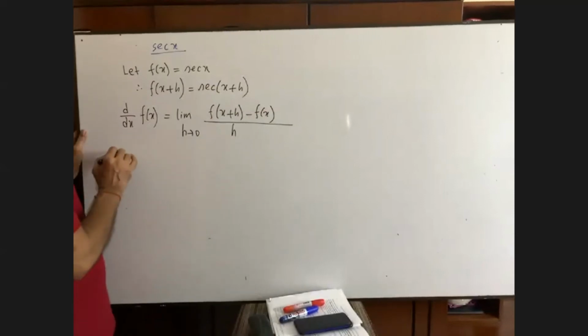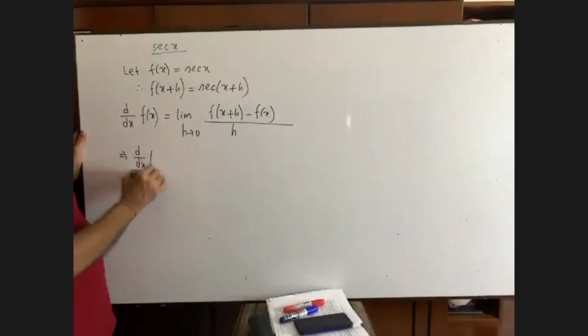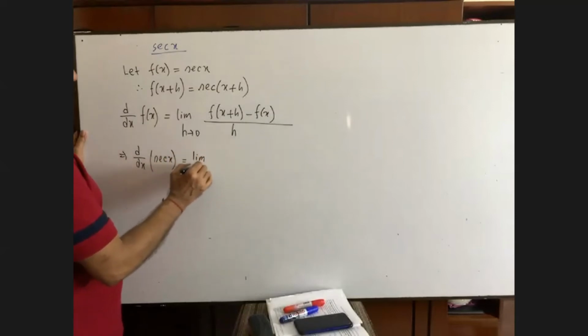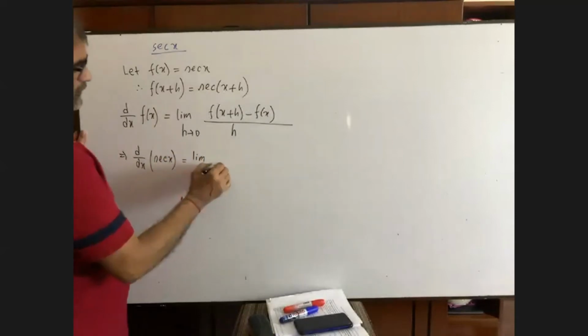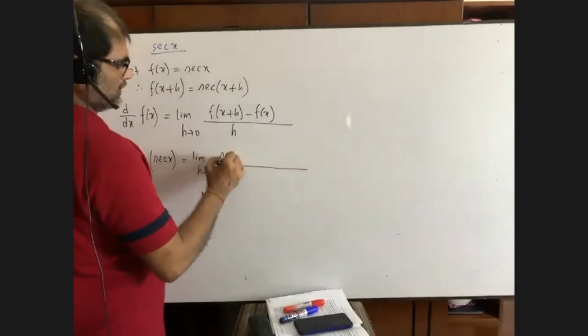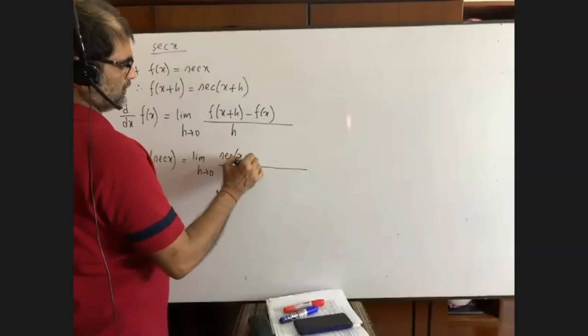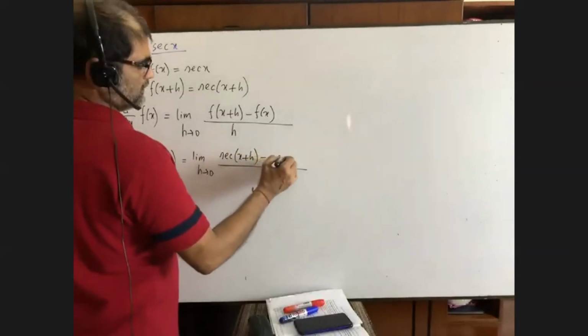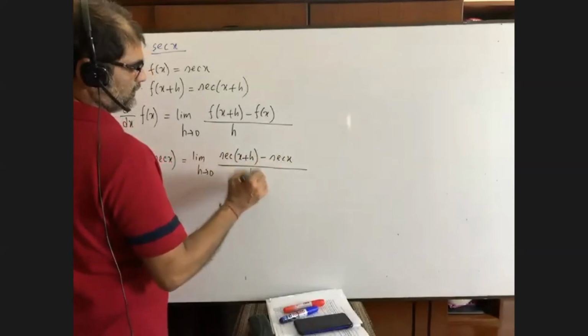Now please put the value: f(x) equals sec x, so the limit as h tends to 0 of [sec(x+h) minus sec x] by h.